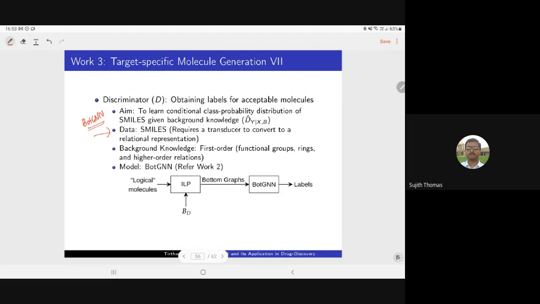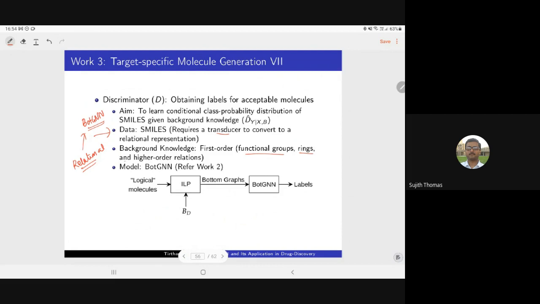But they deal with relational data instances. So the SMILES strings need to be converted into some relational form, and we have programs that do that. It requires a transducer to convert to a relational representation. The transducer means the set of programs that we have to do this conversion. And the background knowledge is again first order, mainly functional groups, rings, and some higher-order relations that we saw in BotGNN.